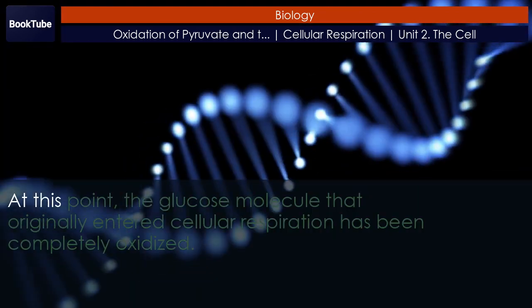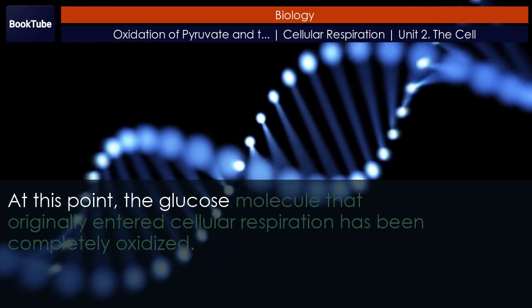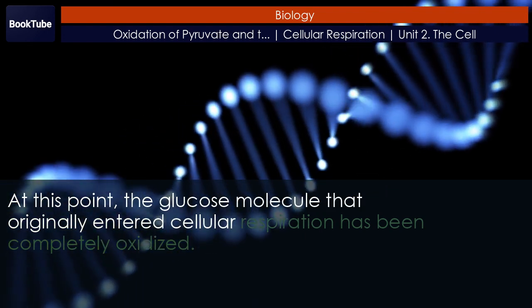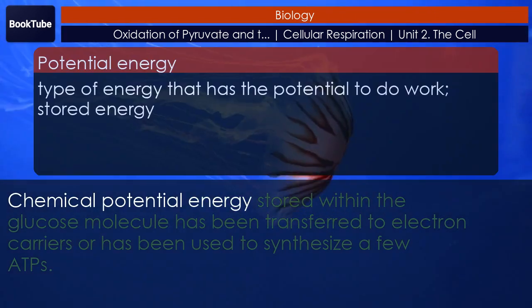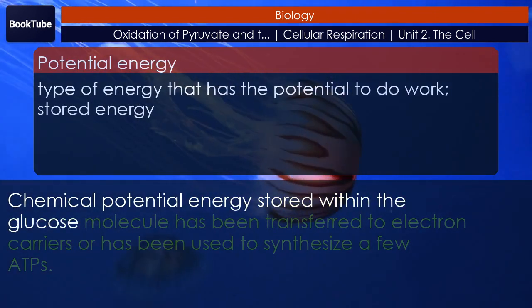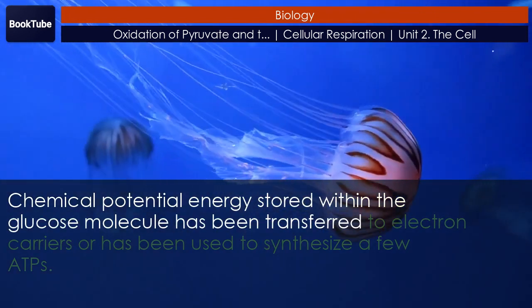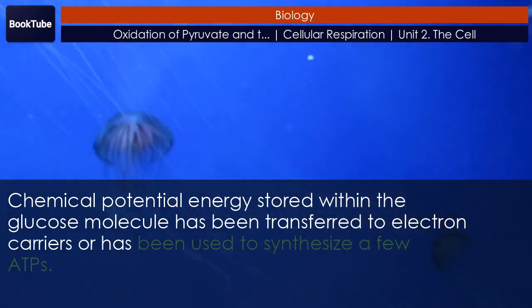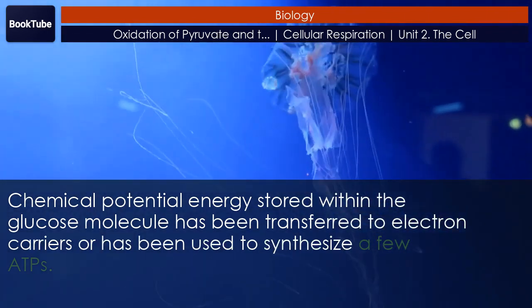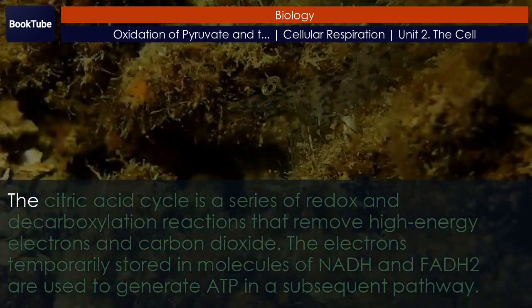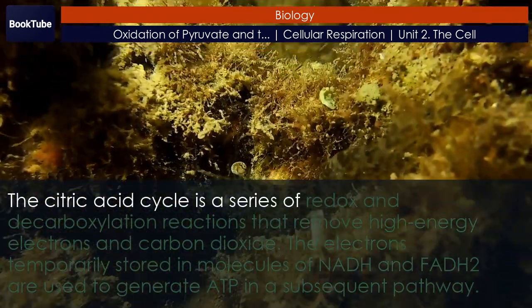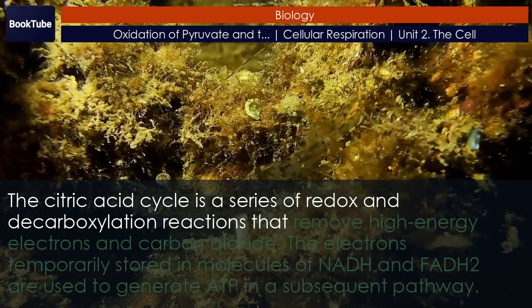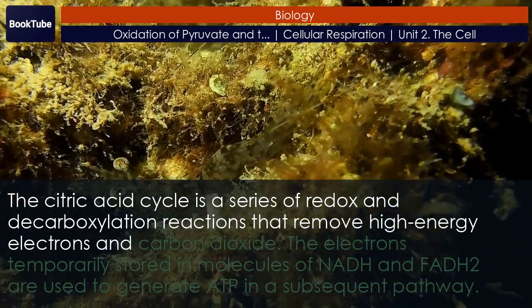At this point, the glucose molecule that originally entered cellular respiration has been completely oxidized. Chemical potential energy stored within the glucose molecule has been transferred to electron carriers or has been used to synthesize a few ATPs. The citric acid cycle is a series of redox and decarboxylation reactions that remove high-energy electrons and carbon dioxide.